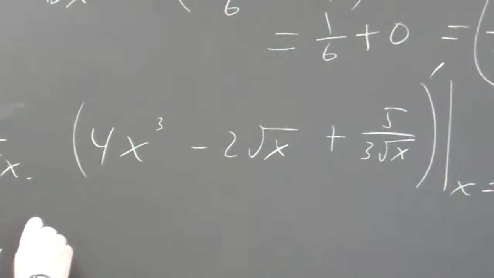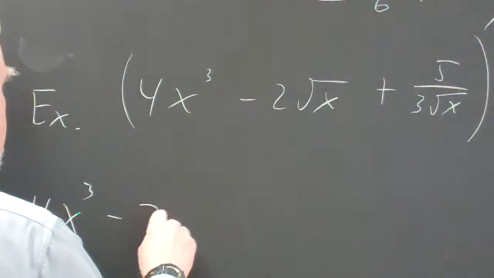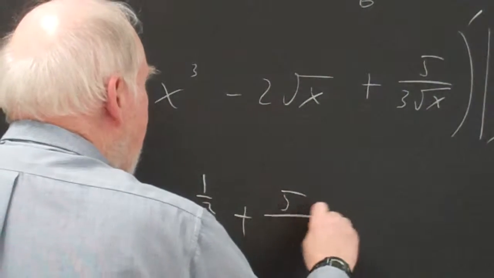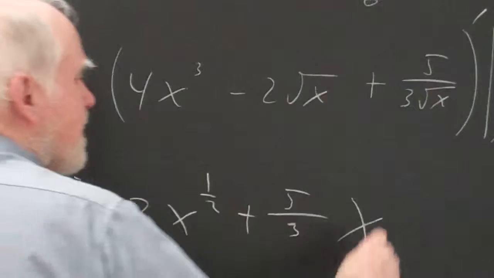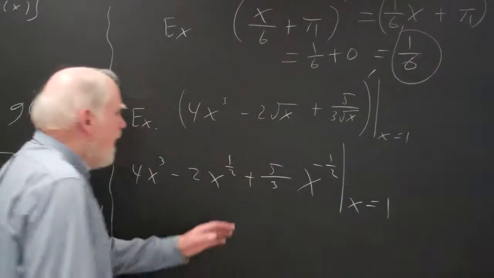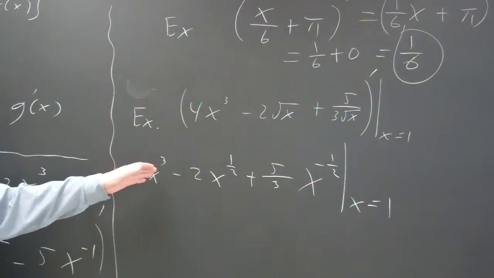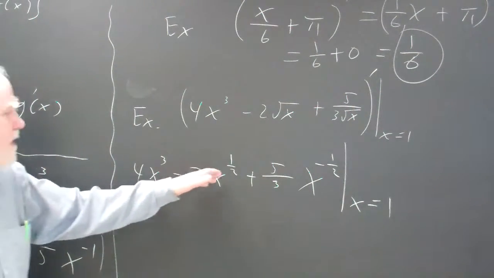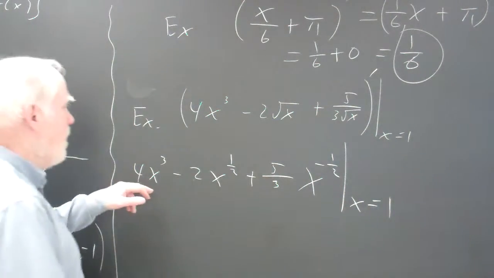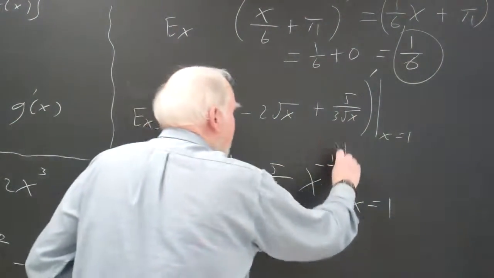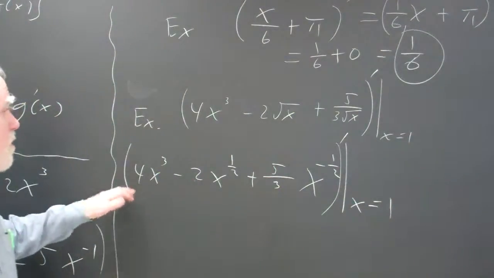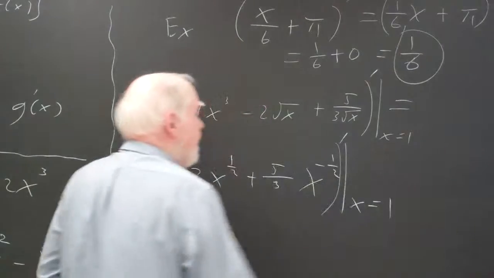I've got 4x cubed, that's an easy one, minus 2x to the 1/2 plus 5/3 times x to the negative 1/2, and we're going to evaluate this at x equals 1. I put it in this form, so I'll have a number times x to the n, number times x to the n, number times x to the n. Prime. Oh, thank you. I haven't taken the prime. My student there reminded me, I left off the prime, because that wouldn't be equal to this, would it? If I wrote equals, it wouldn't be equal to that.